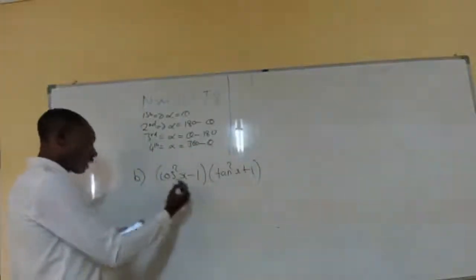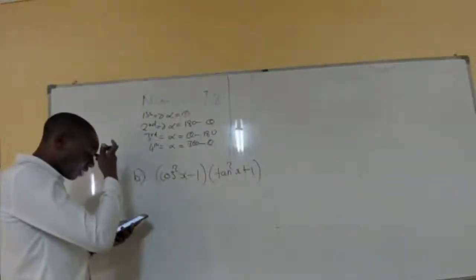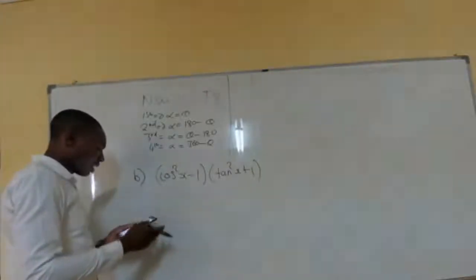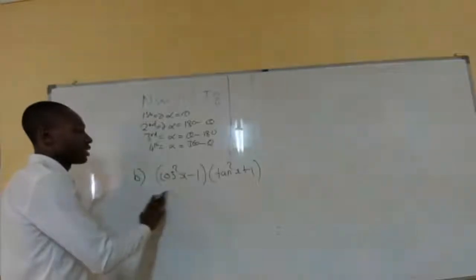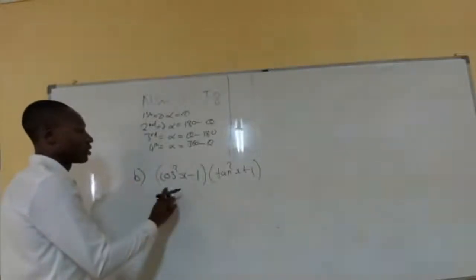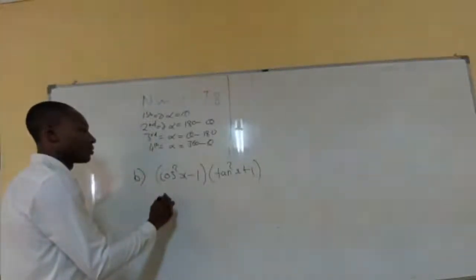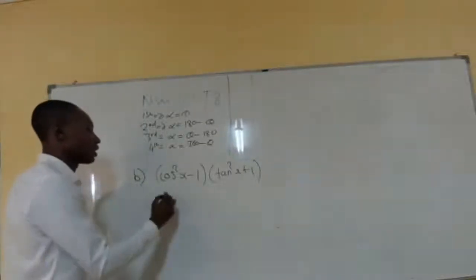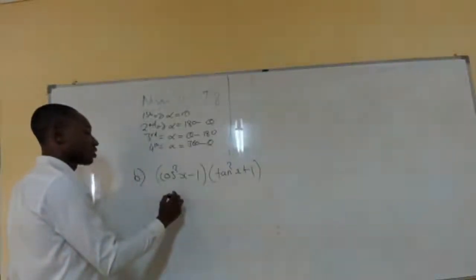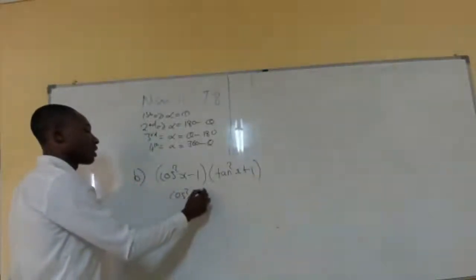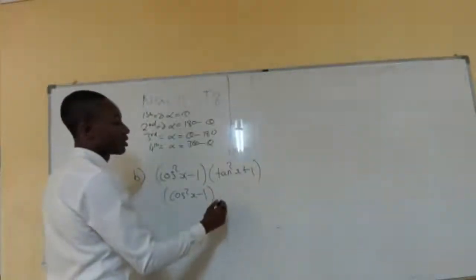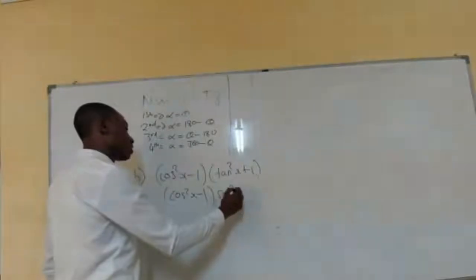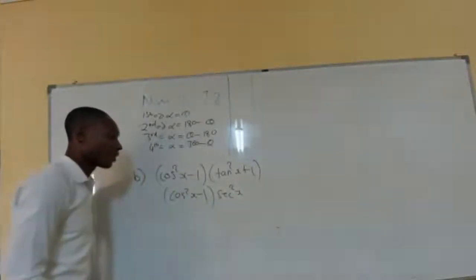So this again, if you look at it intently, if I was to factor out a negative from this one. Okay, let's not do that. Let's just say this is cos squared x minus 1 multiplied by tan squared x plus 1, which is sec squared x.